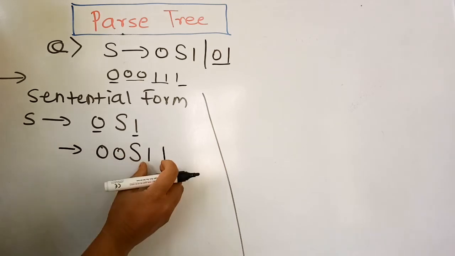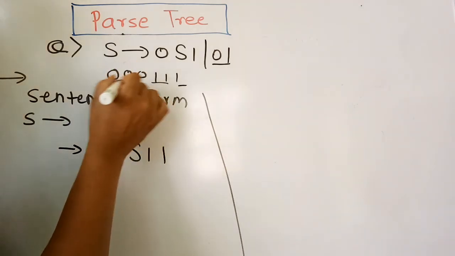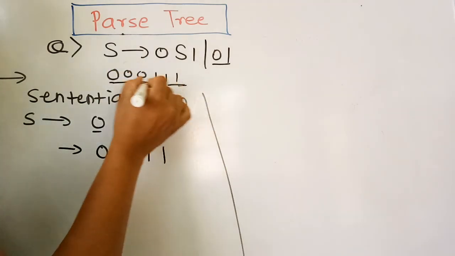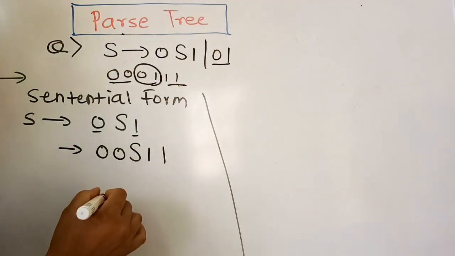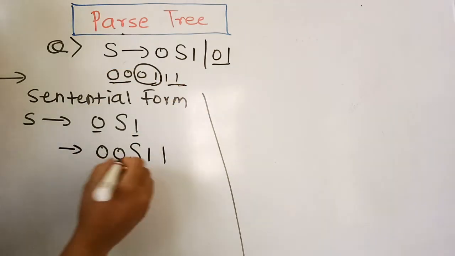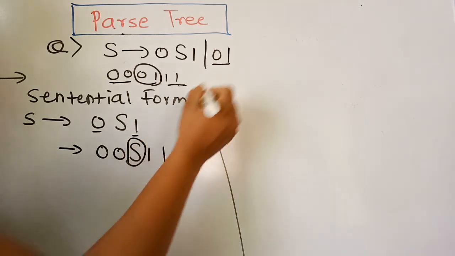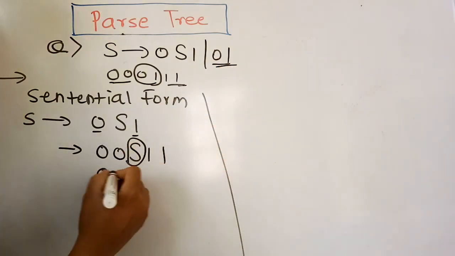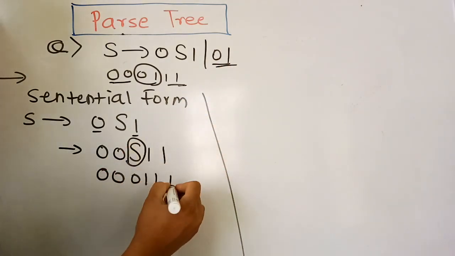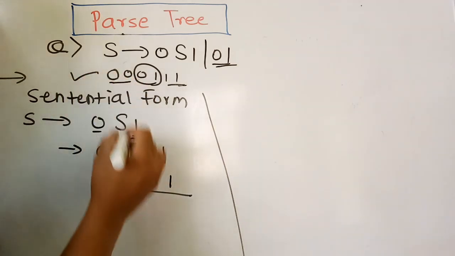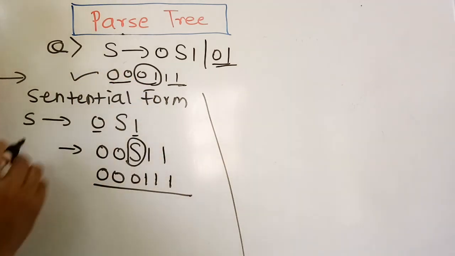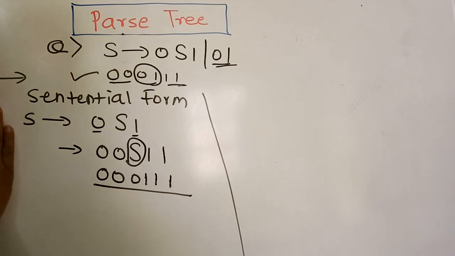Now we have acquired two 0s here, so only this much remains. If we replace this S directly with 01, then we will get the required string, that is three 0s and three 1s. So this is the sentential form.